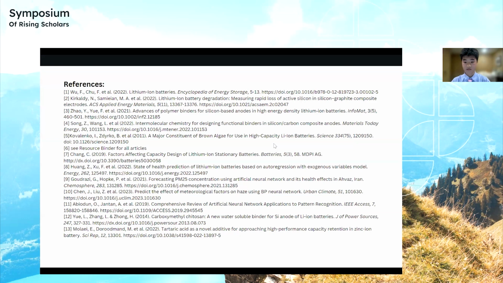For what applications or environments would silicon batteries not be optimal? I'm sorry, can you repeat the question? So for what applications would silicon batteries not be optimal? Well, currently, silicon batteries are not optimal for anything because of their very quick degradation. So right now, they basically have no application because nobody wants to have a battery that dies immediately.